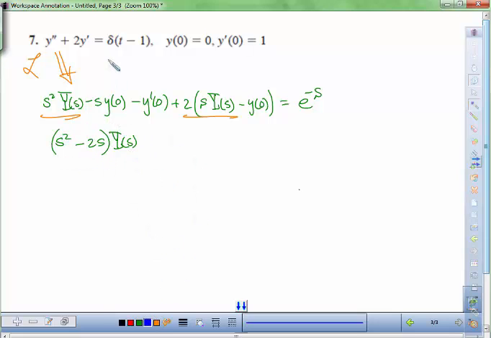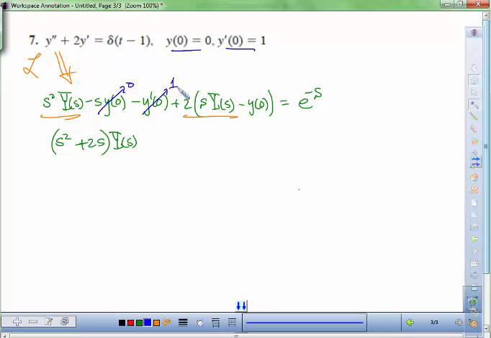and then the rest we can get from the initial conditions. We can replace them. So y of 0 is 0, plus 2s. Okay. So y of 0 is 0. The y prime of 0 is 1.